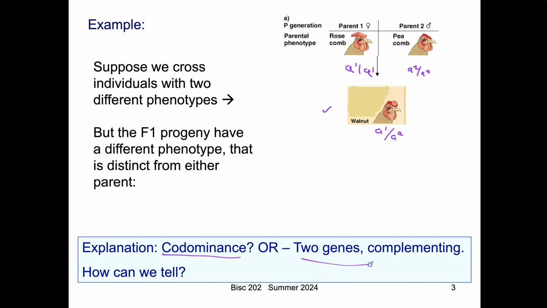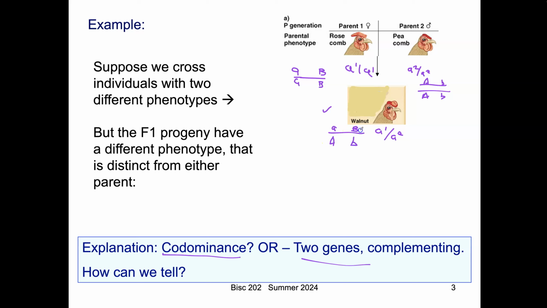But it could be 2 genes, and this could be complementation, right? You could be mutant for one gene and wild type for the other, and the other parent could be wild type for this one and mutant for this one. Then when we look at the heterozygote, we're going to have complementation, right?